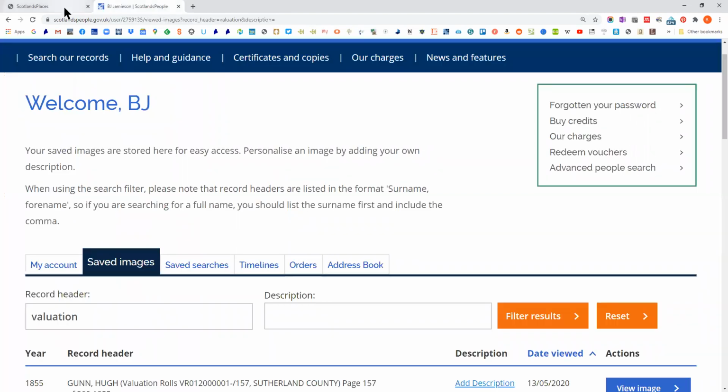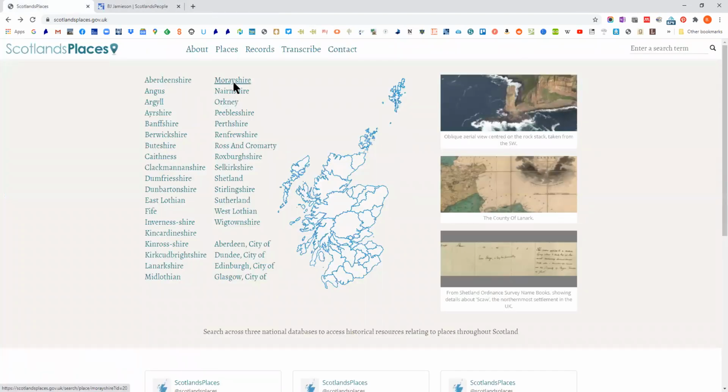And just because I know about these and I think they're interesting, this is a website called Scotland's Places, and it's a companion to the website Scotland's People.